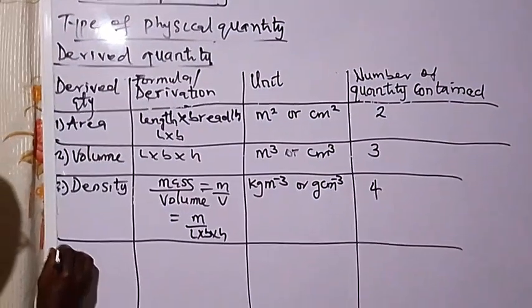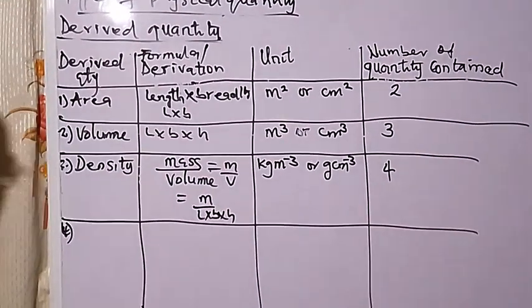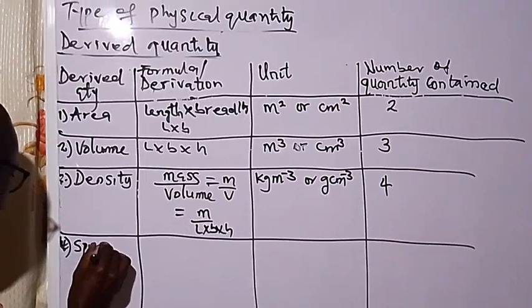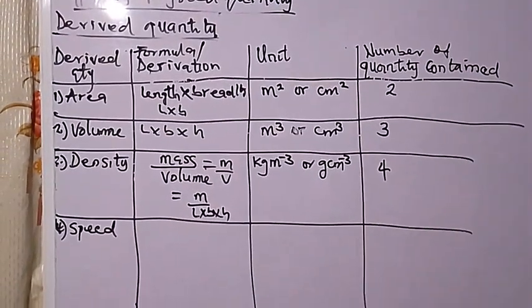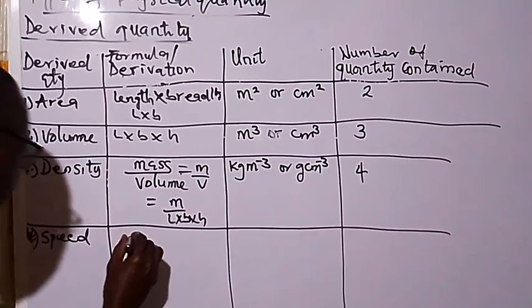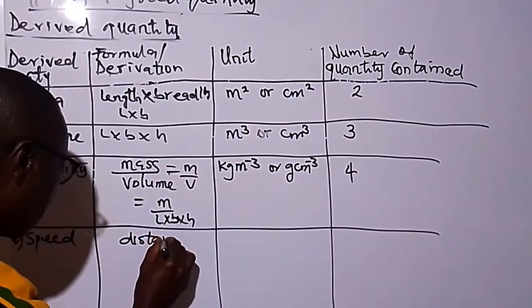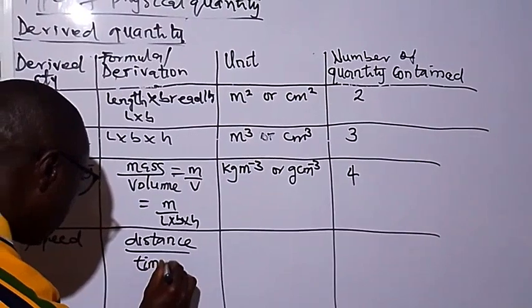Next example, which is number 4. Let's take speed as the next example. Speed, as I said the other time, is distance over time taken.